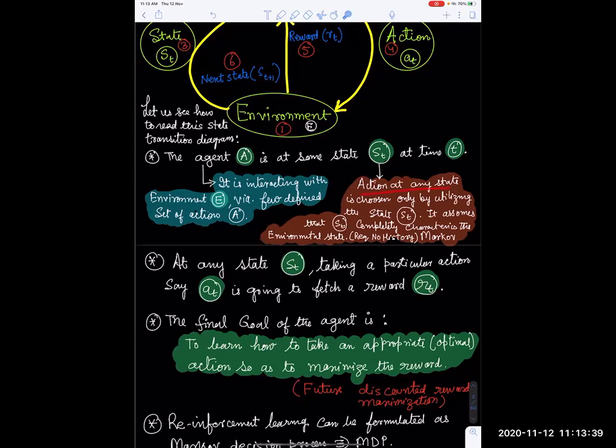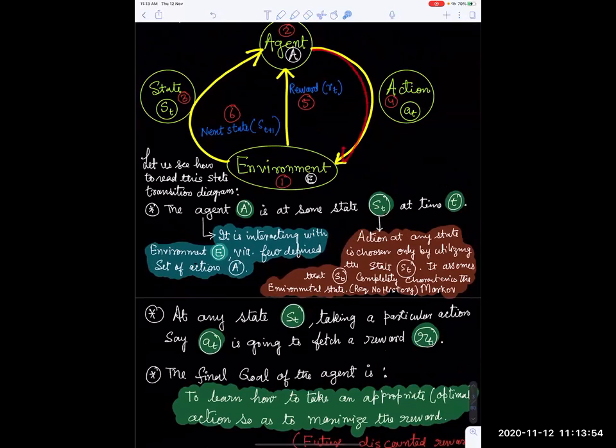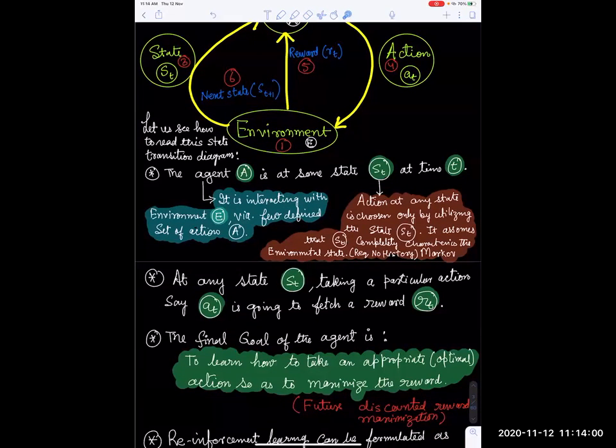And the action at any state is chosen only by utilizing the state. You are only utilizing the current state of the agent, since the next action or state is going to depend only upon the current state of the agent. This is actually the Markov assumption.